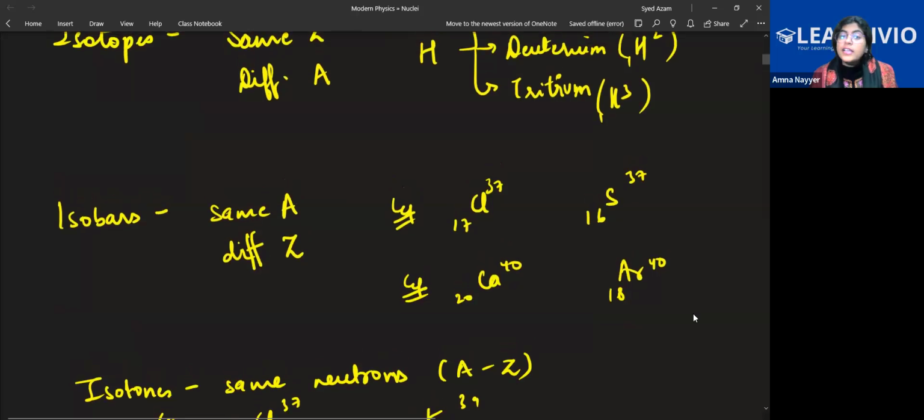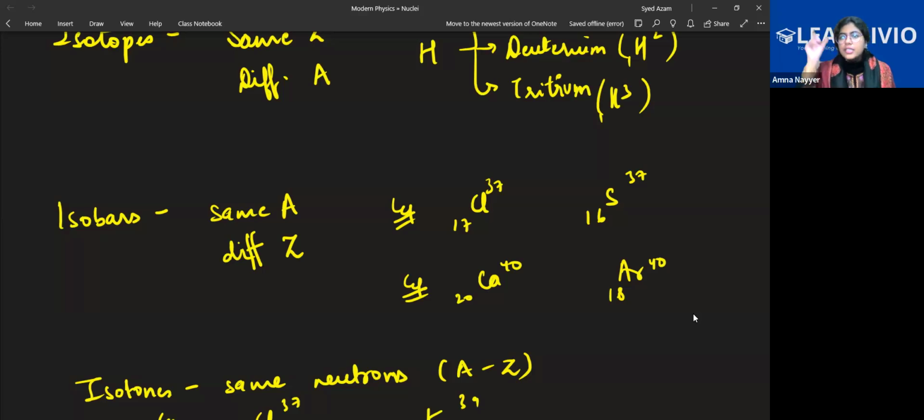Next, you have isobars. In isobars it is just the opposite. The atomic number at the bottom will be different, and the mass number will be the same this time.